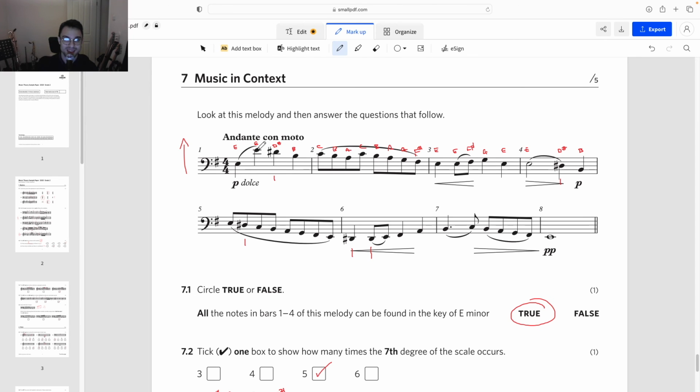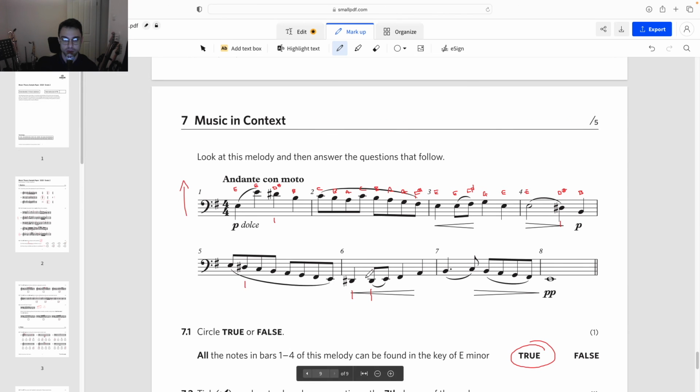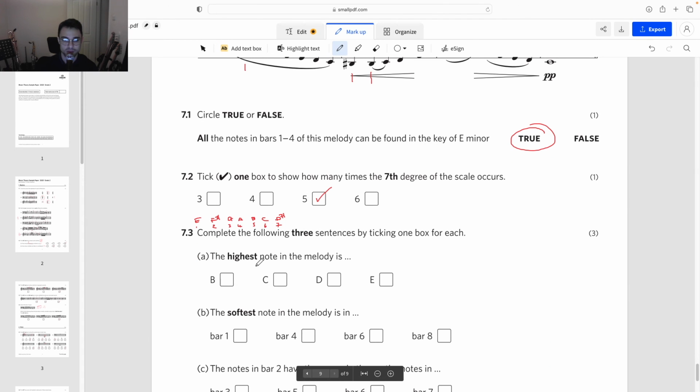It's an E. Is there anything higher than this note anywhere else? This is 2 ledger lines above the bass clef. Nothing here. Nothing even comes close. No. Go down to the second line. No, all of these notes are lower. All of these notes are lower. So E is the answer to our question. The highest note in the melody is E.